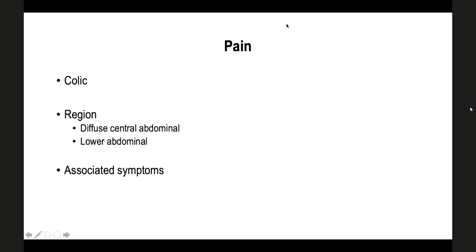Let me ask somebody, since nobody is answering. Dilshani, what's a colic? What do you understand by the term colic? Pain due to a forceful contraction.